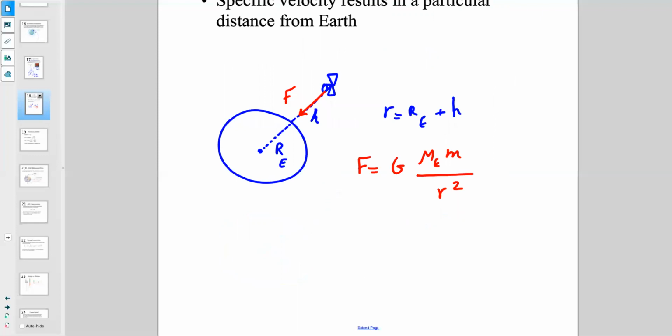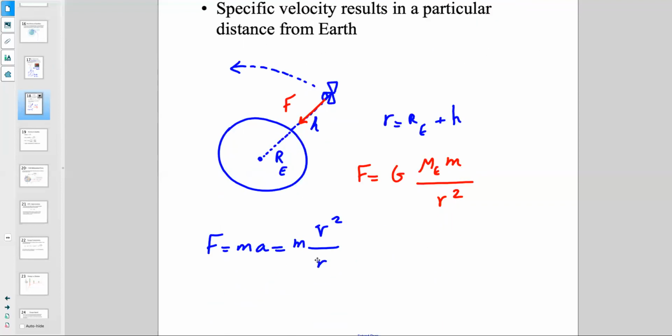Now, we know that the satellite is doing a circular motion. In a circular motion, F is ma, and F is m v squared over r.